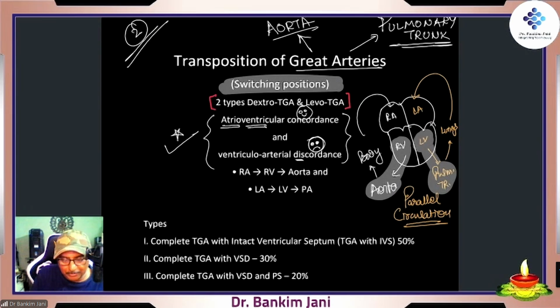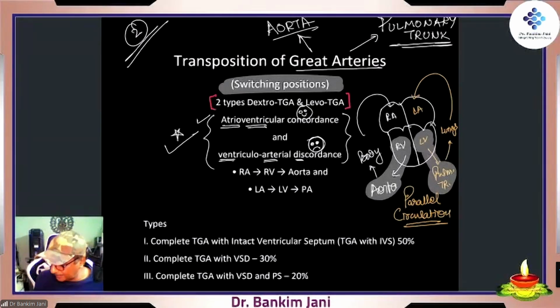So they are happy, no problem between atria and ventricle. But are the ventricles and the arteries happy? No. The left ventricle will say, where has my aorta gone, and the right ventricle will say, where has my pulmonary trunk gone? They are not happy. So that's the meaning of it.